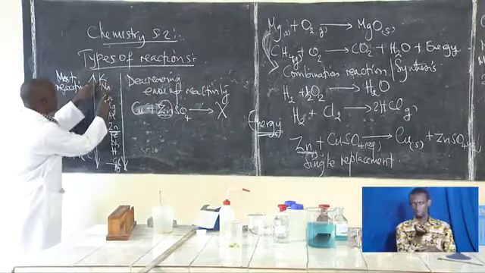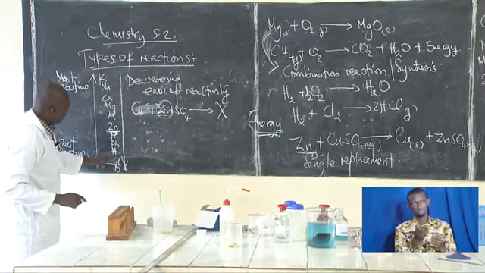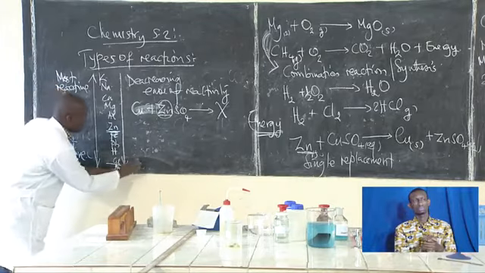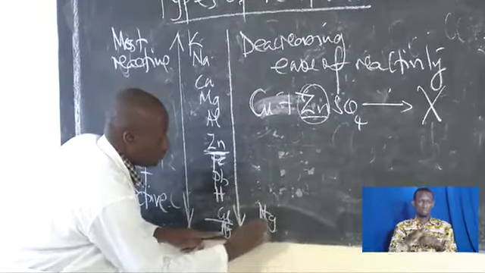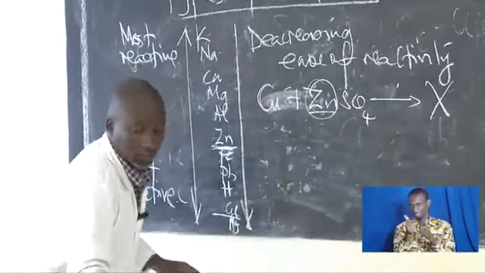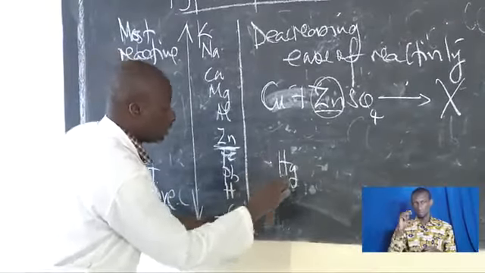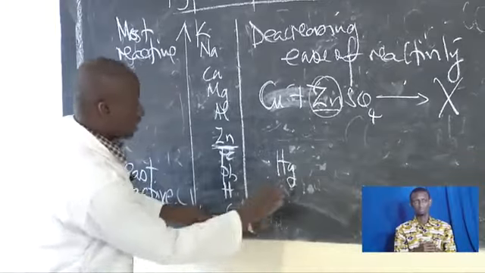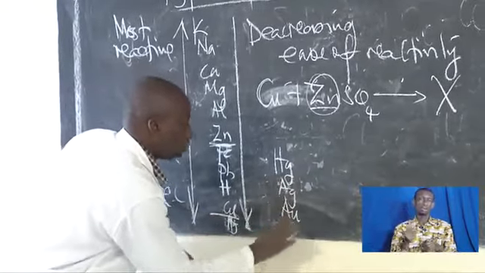We said potassium, sodium, calcium, magnesium, aluminum, zinc, iron, lead, hydrogen, copper, mercury, followed by silver, then you have gold. Let me write it properly here so that you can see it clearly. So you have mercury, silver, and then gold, and then platinum.